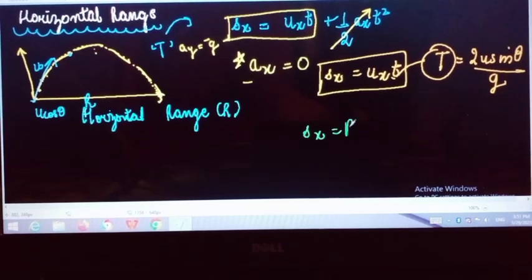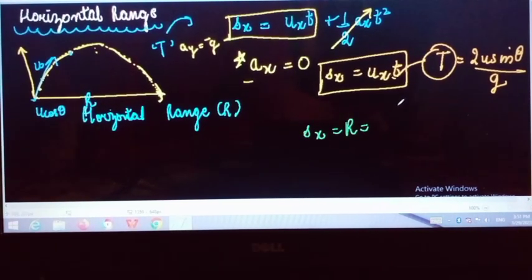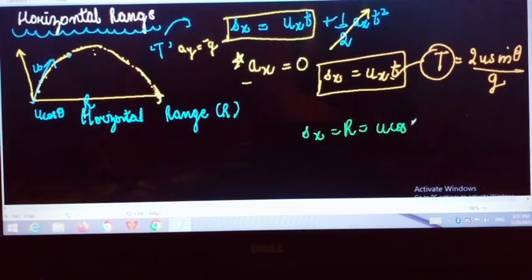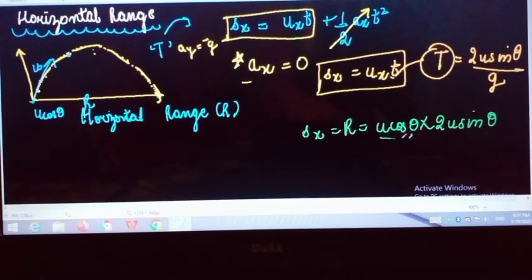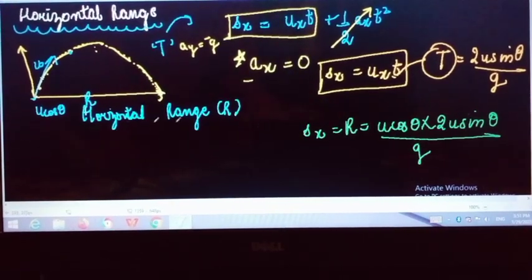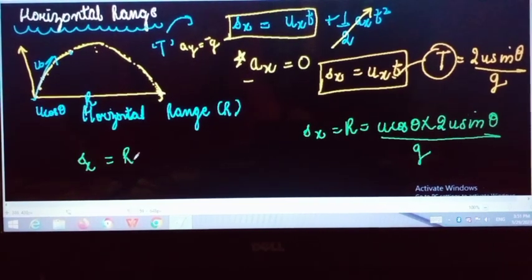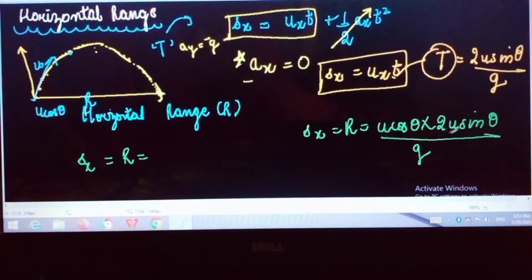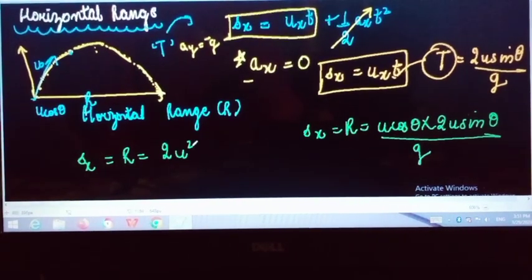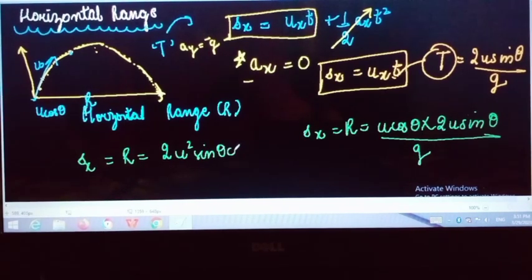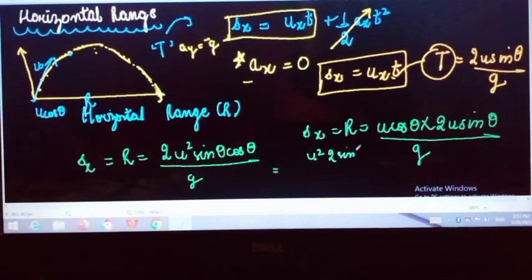Sx or R is equal to ux, which is u cos theta, into 2u sine theta upon g. Now arranging the terms, we get sx is equal to R is equal to 2u square sine theta cos theta upon g, which is u square 2 sine theta cos theta upon g.